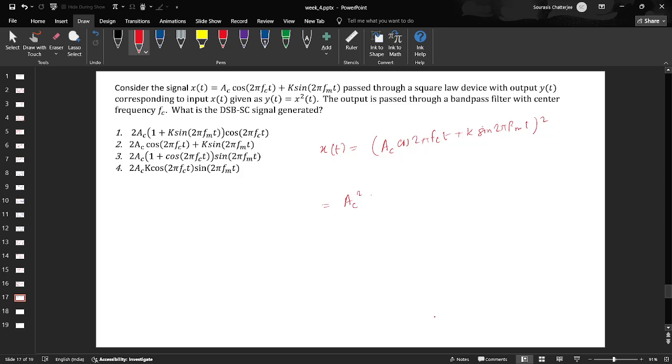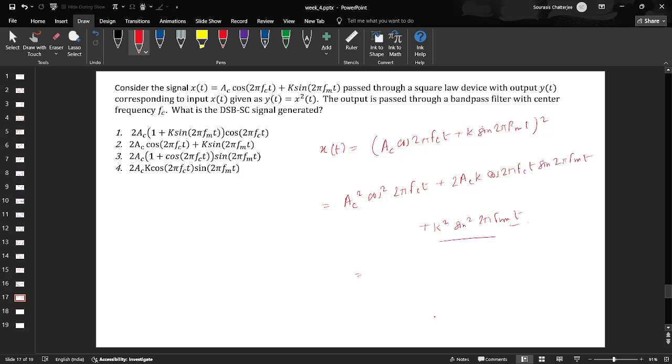Ac² cos²(2πfct) plus 2 Ac k cos(2πfct) sin(2πfmt) plus k² sin²(2πfmt). If the output is passed through a band pass filter with center frequency fc, what will I get?